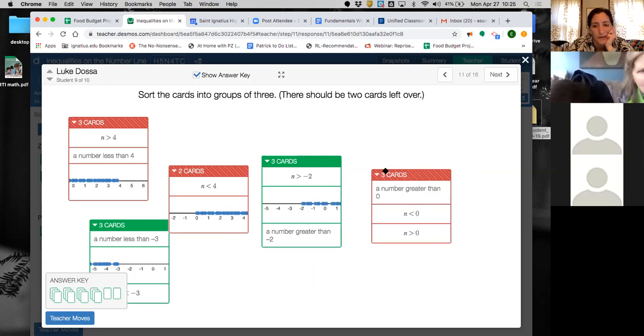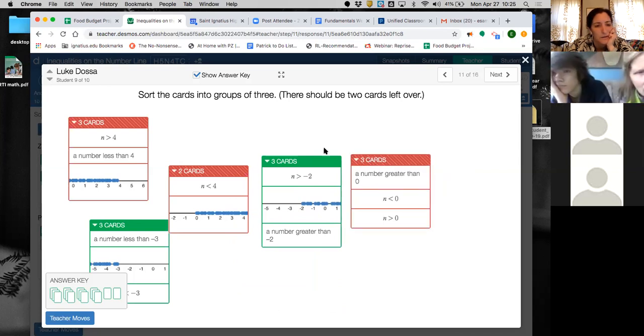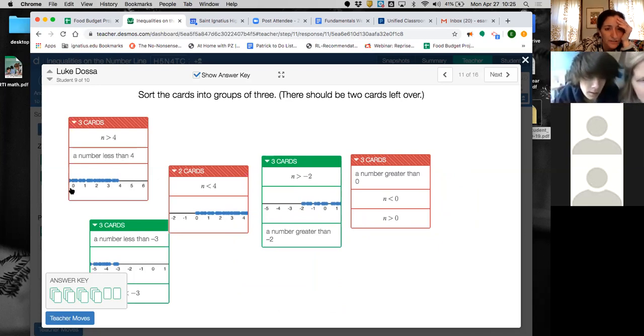And then let me see. So in the part where you have words, a number less than 4, and then I see your graph is less than 4, but your symbol, do you see how the symbol opens up towards the end?